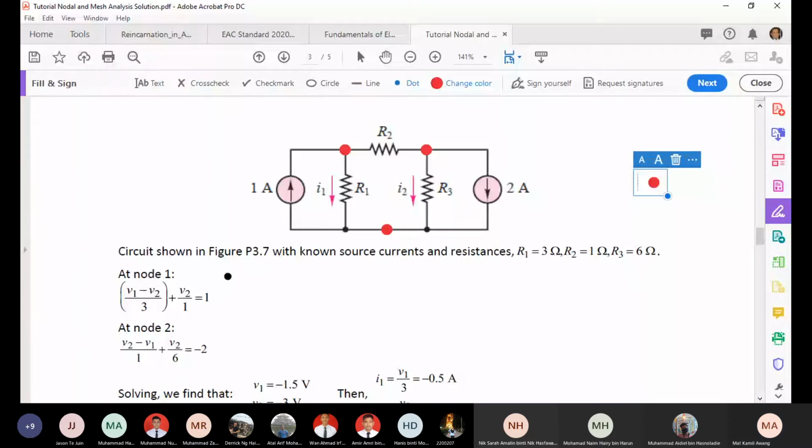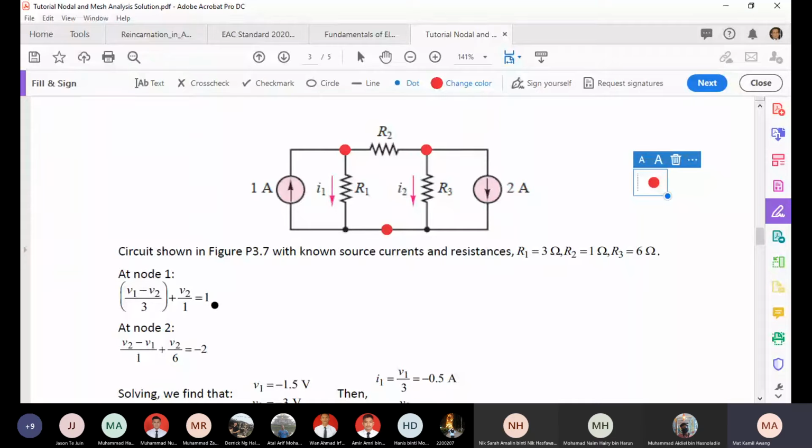For this example, this is R1, this is R2, this is R3.